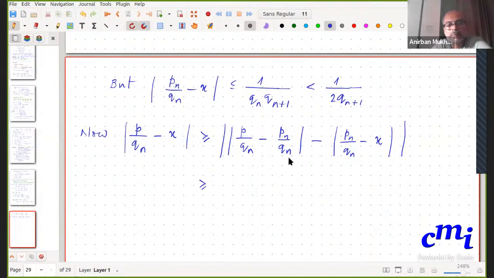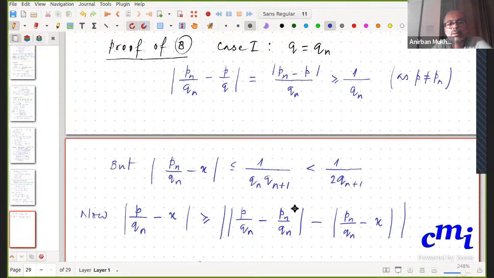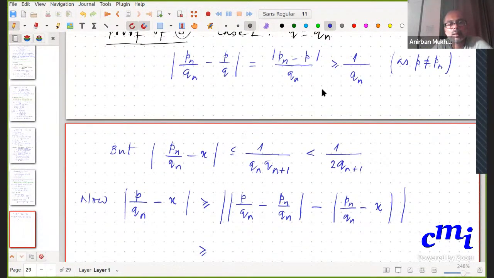And this difference is greater than or equal to 1 over Qn, and the next part is less than 1 over 2Qn plus 1. Sorry, I wanted to write Qn.